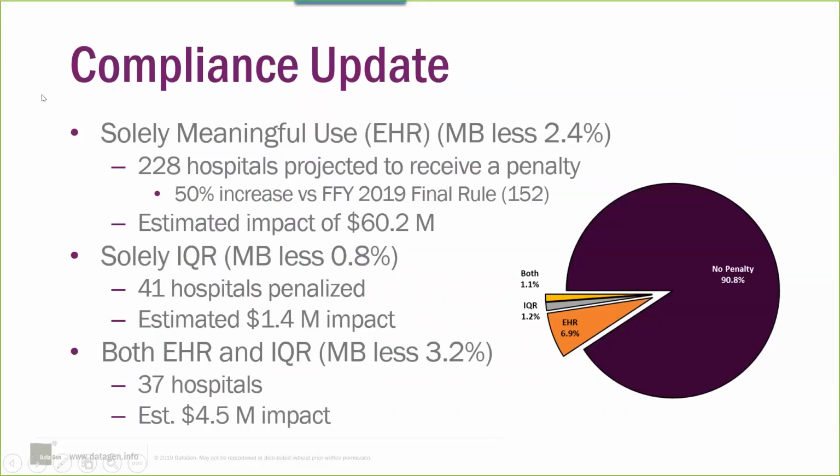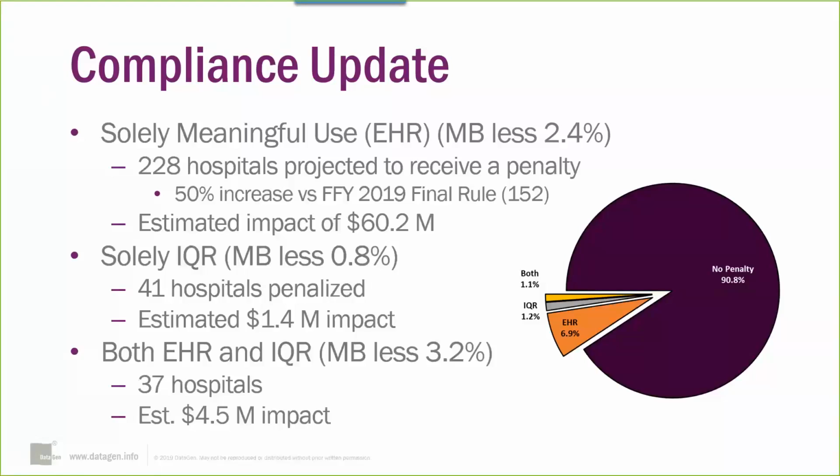Now, with the proposed rule, CMS did release a set of flags for those hospitals that may or may not receive a penalty come time of the final rule. This list is usually in flux up until the point of the final rule release. However, for those hospitals that are solely affected by the meaningful use penalty, CMS is projecting 228 hospitals, which is a 50% increase over fiscal year 19.